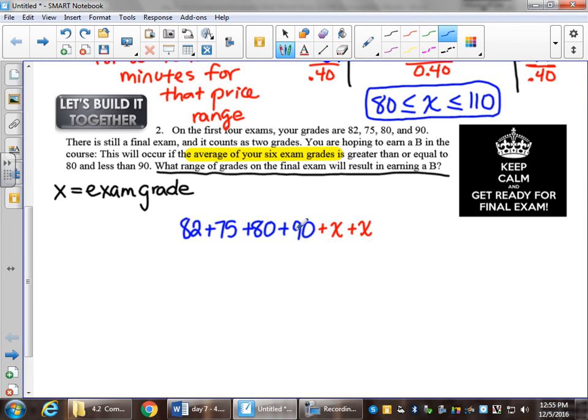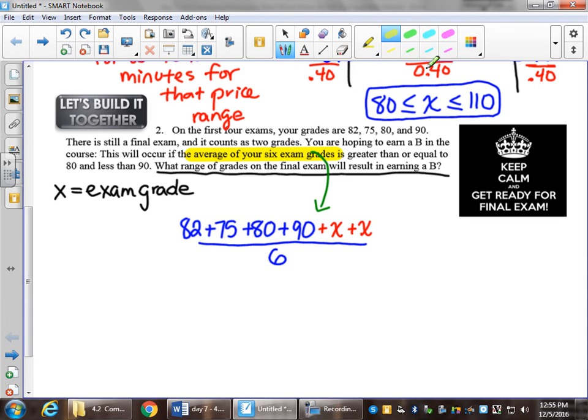That's 1, 2, 3, 4, 5, 6. So to find the average, you would add all those up and divide by 6. That is how we represent the average of your 6 exam grades. The 4 you know, plus the 2 you don't know, all divided by 6.